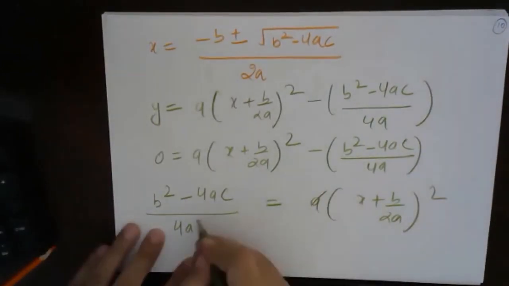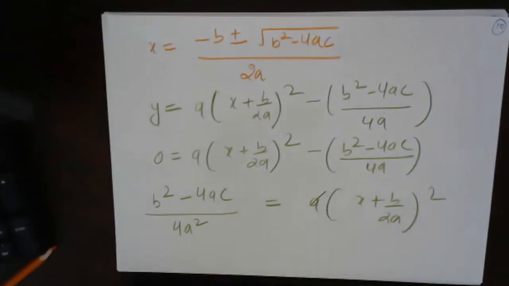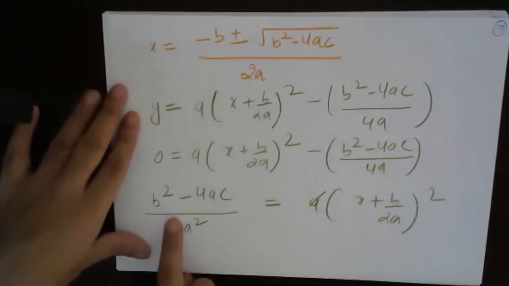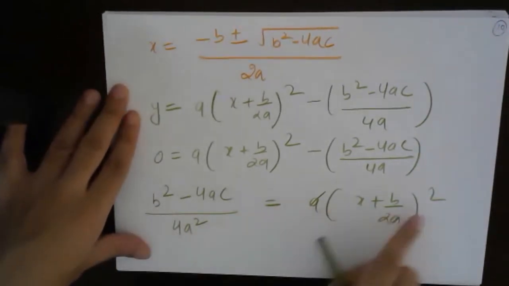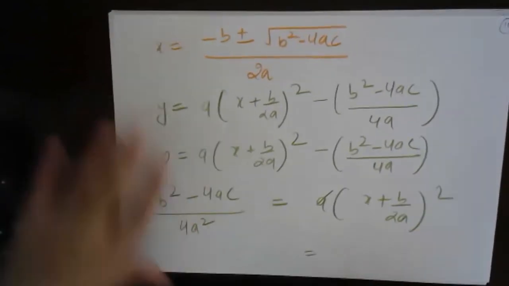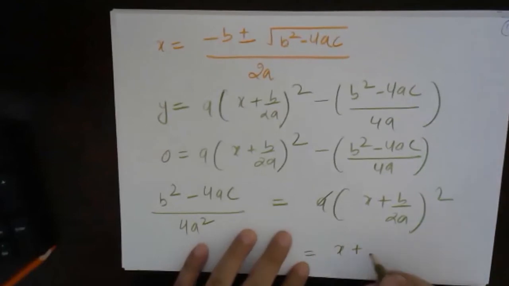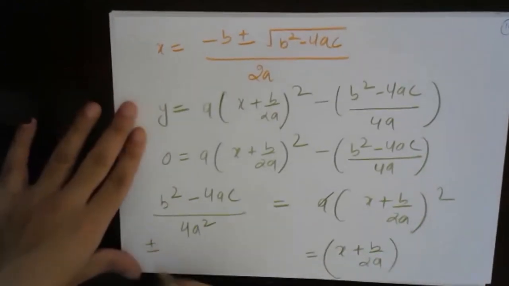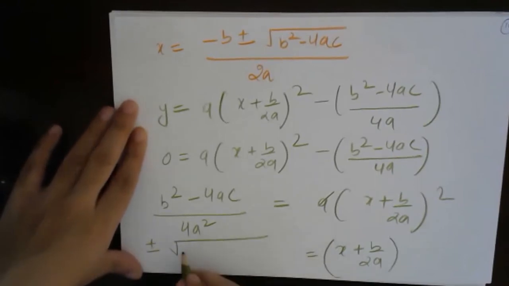If I take the root on both sides, it becomes plus minus: x plus b by 2a is equal to plus minus under the root of b square minus 4ac by 4a square.